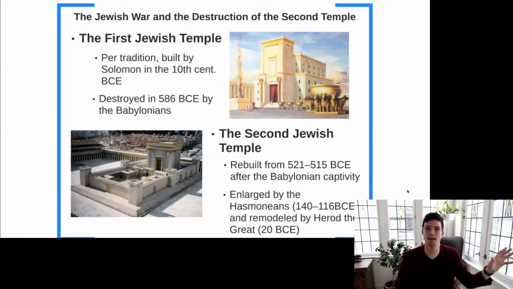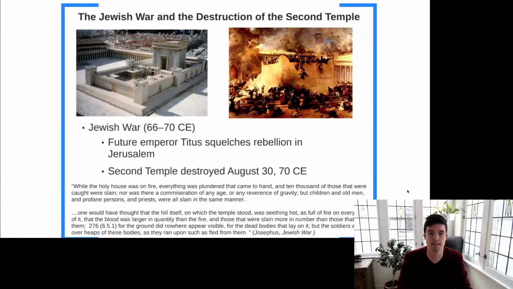So as a reminder, our first Jewish temple was destroyed in 586 BCE by the Babylonians. The second Jewish temple was rebuilt once the Persians took over and allowed the Judeans to go back to Jerusalem. It was enlarged by the Hasmoneans and made spectacular by Herod the Great around the year 20 BCE.